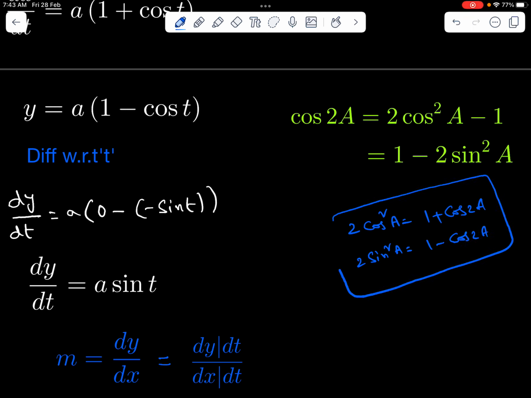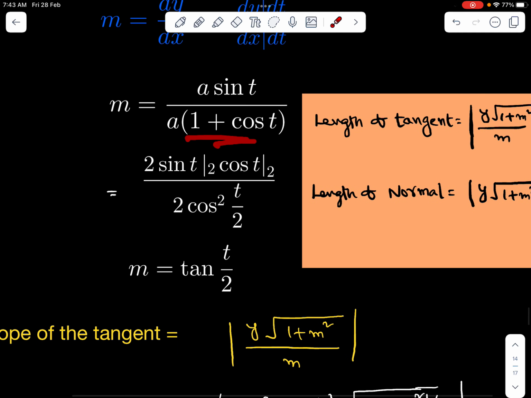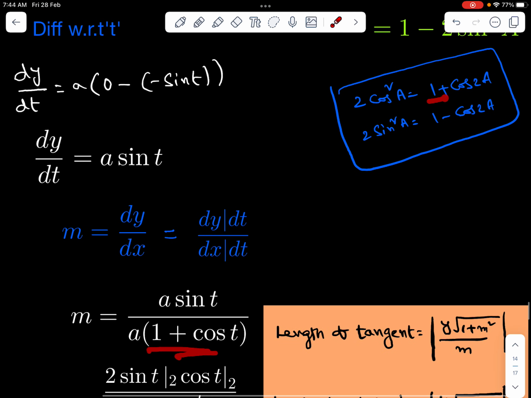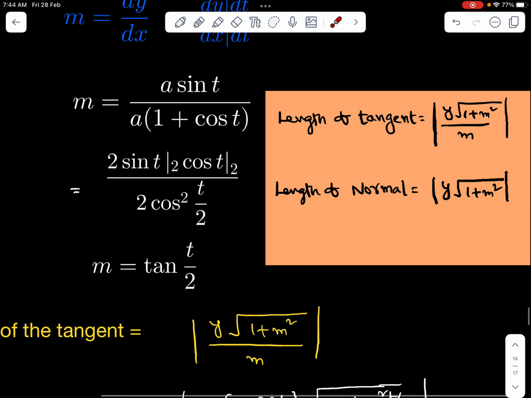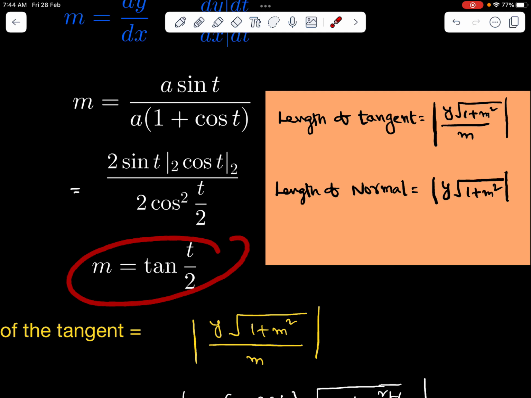These two formulas are also very important. Then 1 plus cos t, like 1 plus cos 2a, is 2 cos square a. Therefore, 2 cos square t by 2, the 2 cancels. Therefore, m, the slope of the tangent, is equal to tan t by 2.